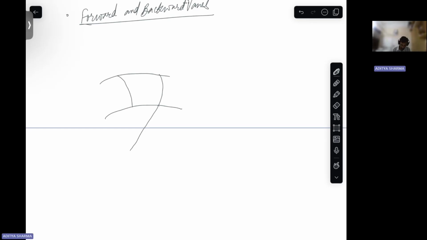So how they are different from each other, that we can tell from the velocities that we get from these two types of vanes and inlet.